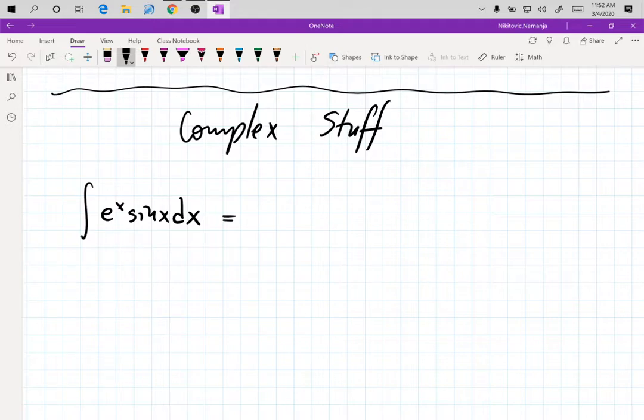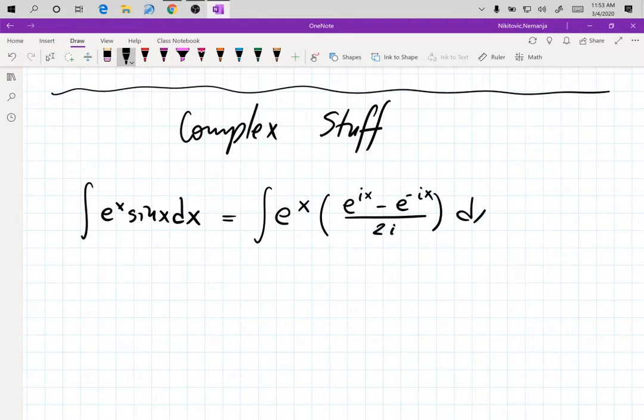So the first order of business is to rewrite this as e to the x, and then sine x is e to the ix minus e to the minus ix over 2i, dx.